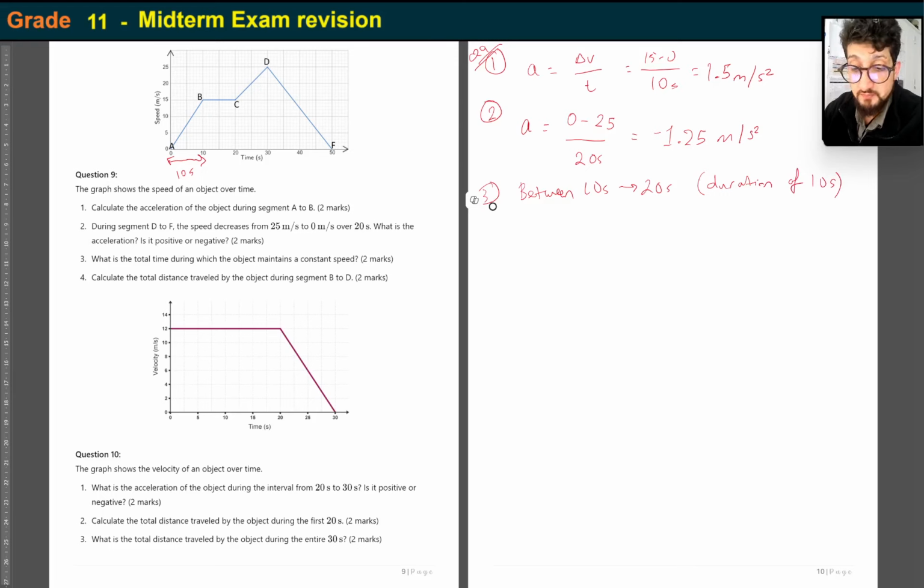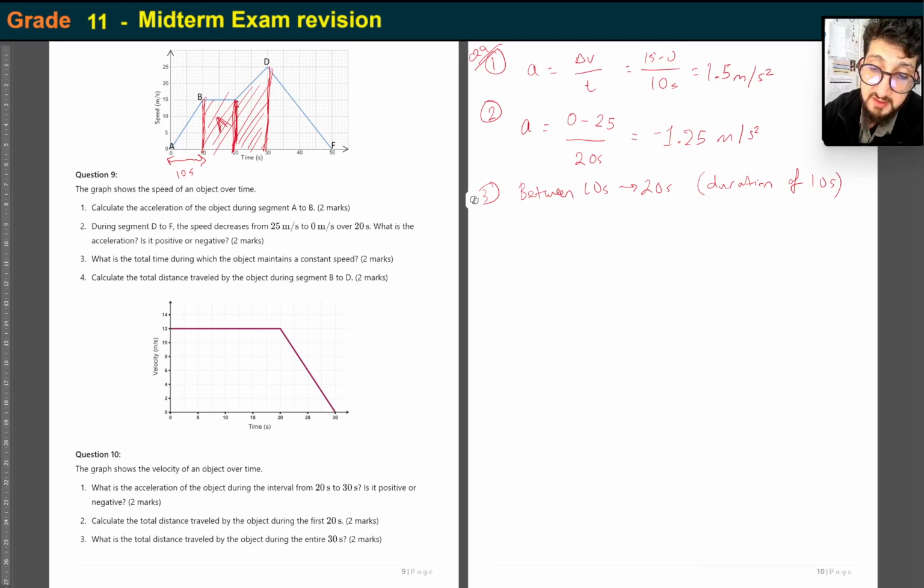Okay? Calculate the total distance traveled by the object during segment B to D. Okay, so we're looking at the area under the graph because the area under the graph represents the distance, right? So we're looking for this. So what I'm going to do is I'm going to cut this area into two sides.